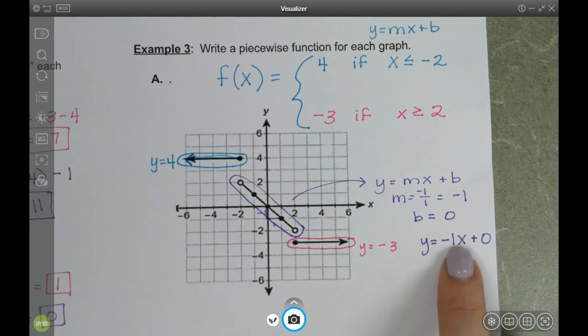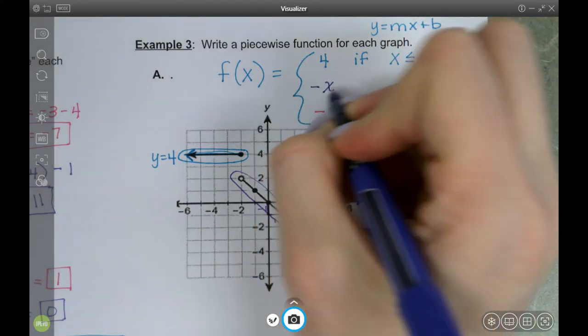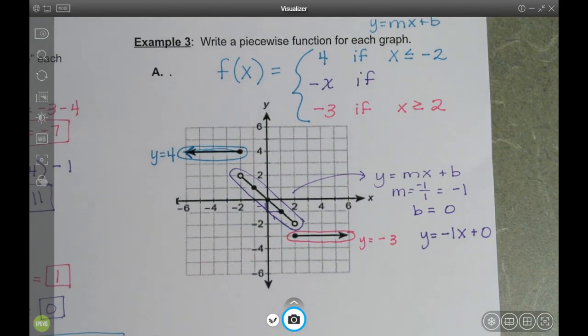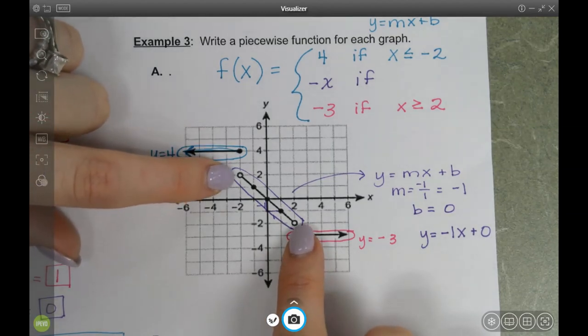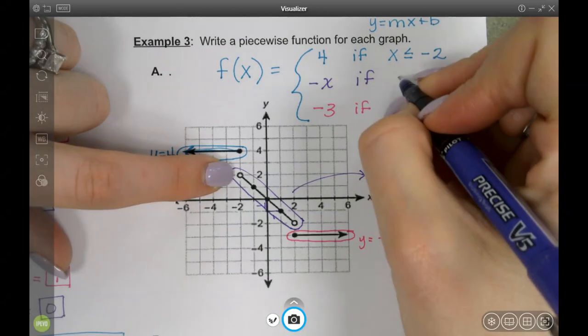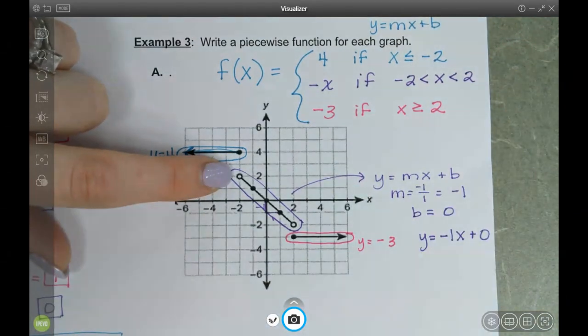I don't have to have the 1. I have to have the negative. Do I have to have the 0? No. So I'm going to make this -x if, okay, this one's a little weird because it has a starting and an ending point. So if it starts at -2 and ends at +2, I have open circles, so neither one is included. So x is between -2 and +2.